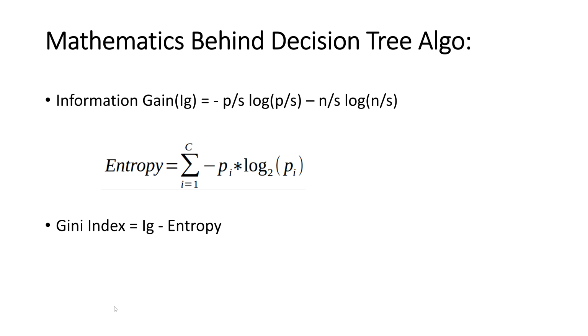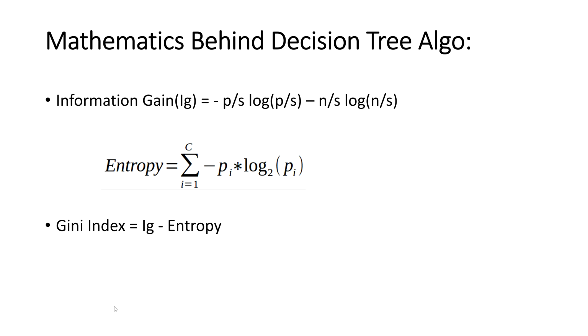S is going to be considered as the total number of rows in the given data set. As I told, for the given data set there will be one outcome column like yes or no, right or wrong, like that. So P is going to be considered as positive, N is going to be considered as negative.